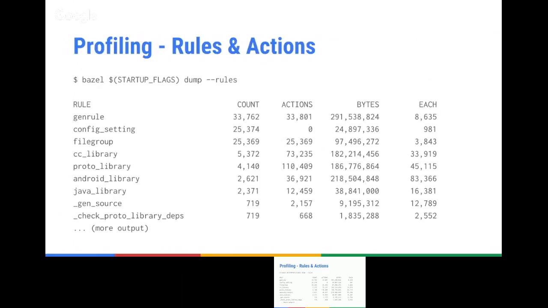are used in your build. So for example, you can see that there are 33,000 genrules in this example. And you can also see the number of actions, because some rules generate one action, or many actions, or sometimes zero. So here you can see that proto_library is generating a big number of actions.